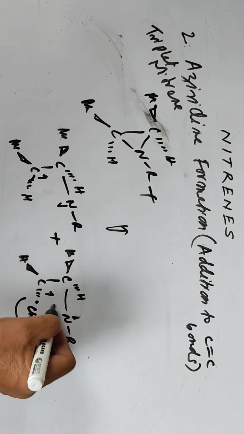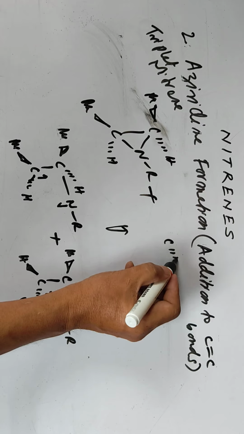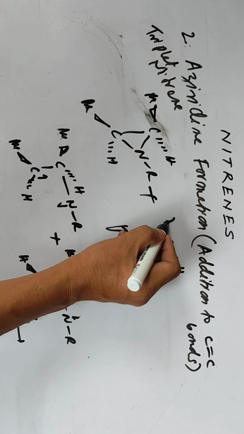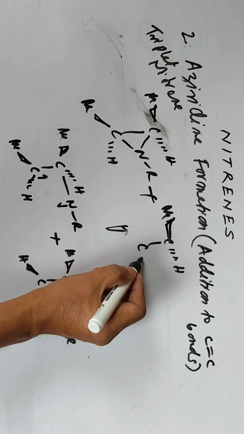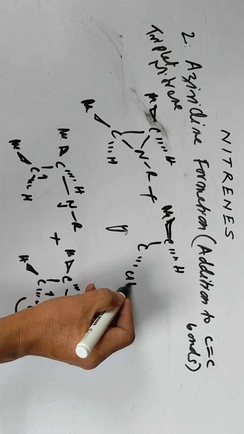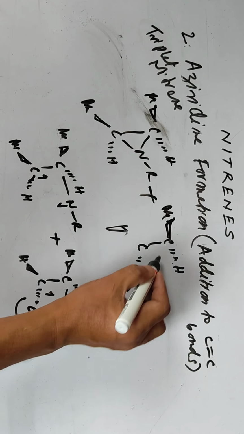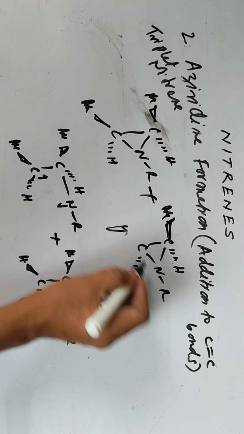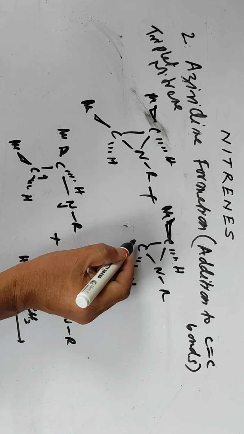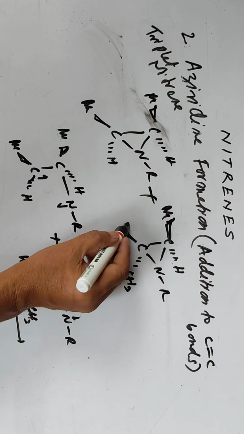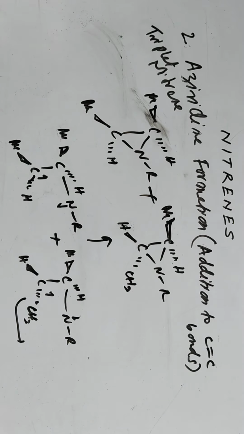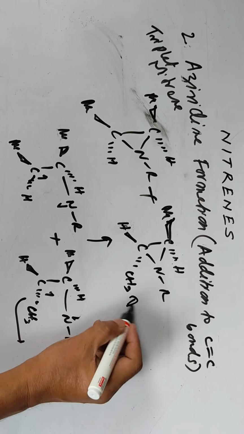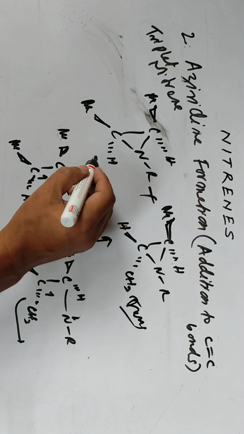Another from here you can get this hydrogen, and this methyl CH3, then you can have NR, then this hydrogen here. So we got trans aziridine and cis.